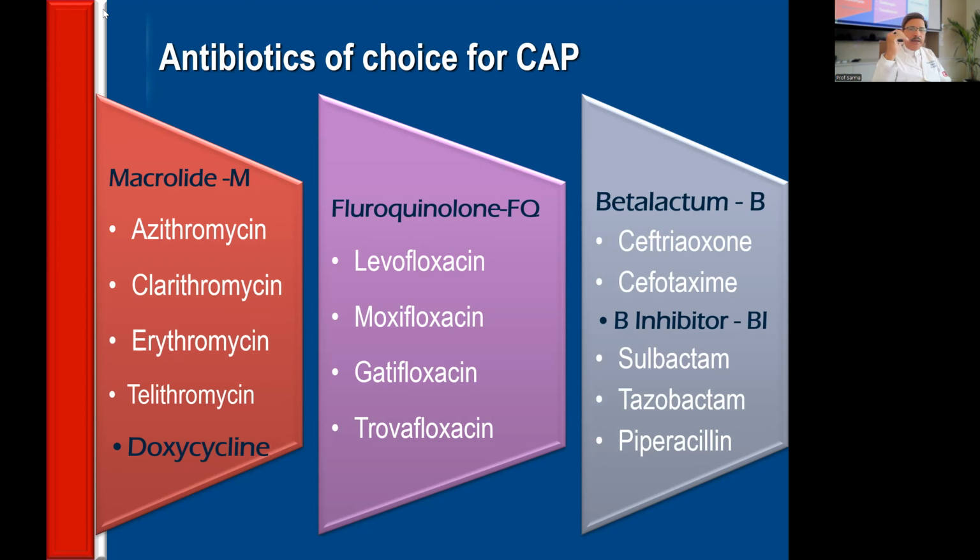And beta-lactams: ceftriaxone, cefotaxime. Beta-lactam inhibitors: sulbactam, tazobactam, piperacillin. Under beta-lactams, you have one more oral or parenteral drug, amoxicillin with clavulanic acid. That can be used. Amoxiclav is a beta-lactam antibiotic. That's not listed here, but it can also be used.